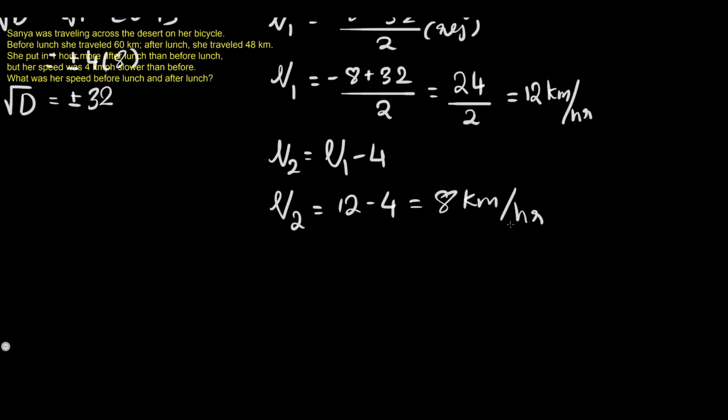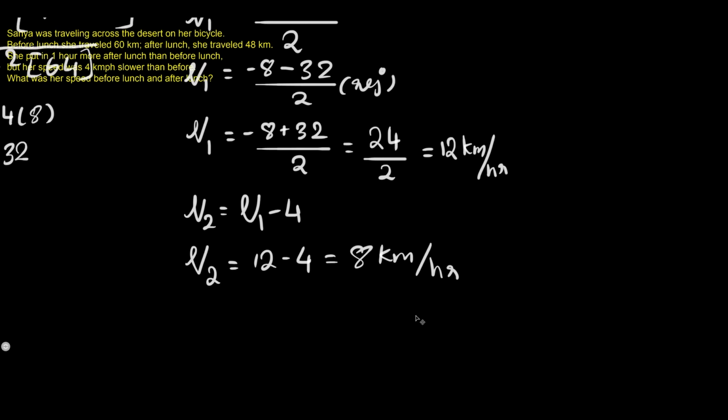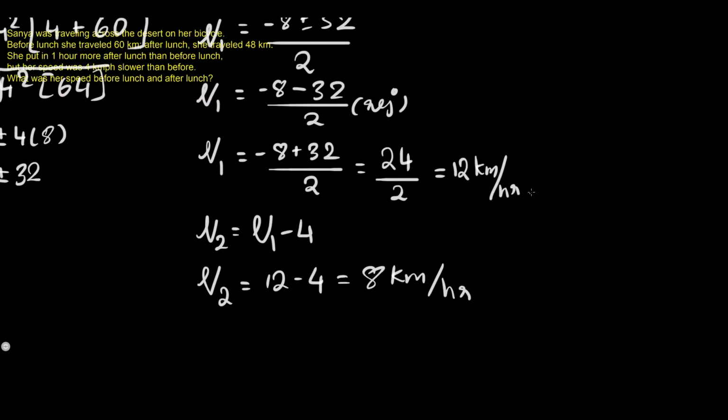Now there's a misconception that these are instantaneous speeds. For those of you who have learned physics at a higher level, these are actually average speeds, so these are not instantaneous. She didn't go 12 kilometers per hour the entire time while riding.